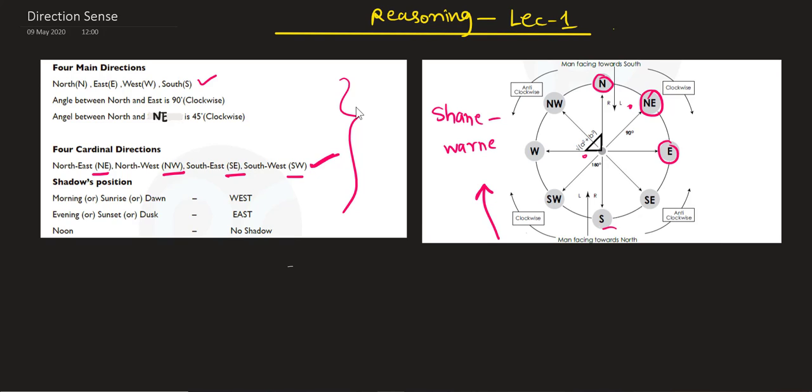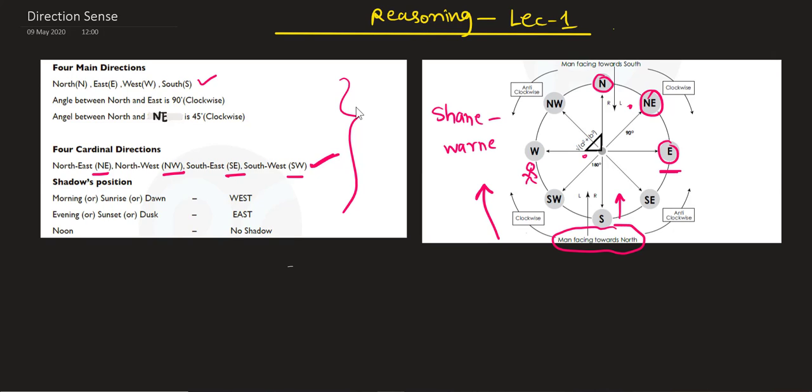That means the person is in the south. Obviously then only he can face the north. If a person is in the south, then he cannot face the south. If a person is facing east, that means he is in the west direction. So this is the 180-degree relation.